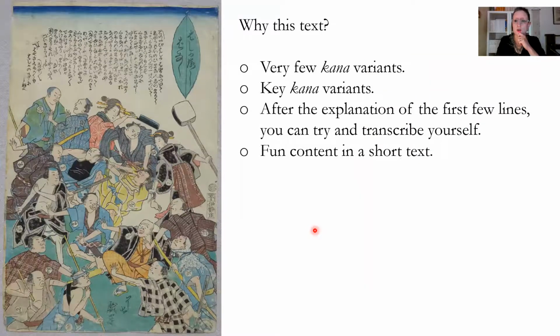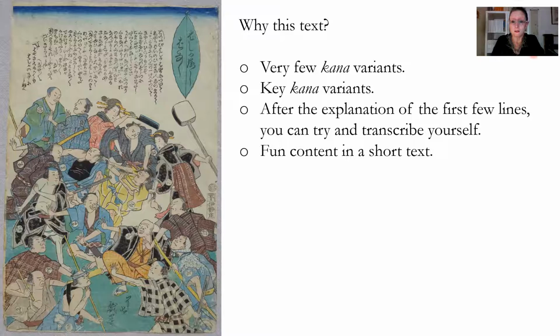Now, why did I choose this text as the first text to make you work on decoding early modern cursive? First, there are very few kana variants. If you want to know more about kana variants, please do check out the first video on our webpage. These few kana variants are also key kana variants, which you will find many times in working on early modern texts.